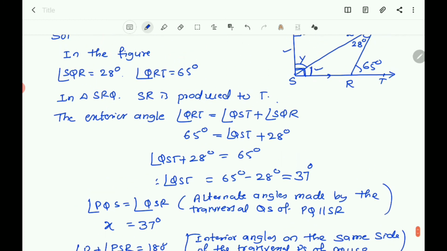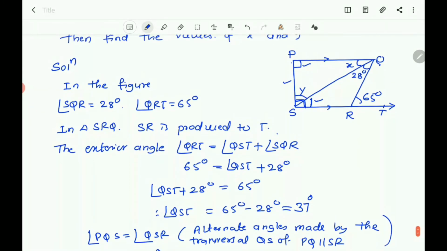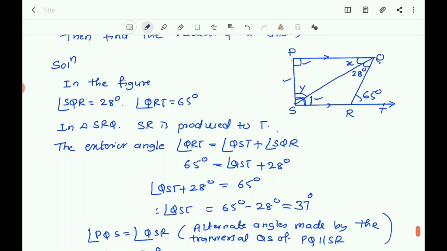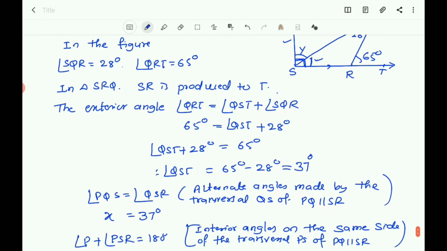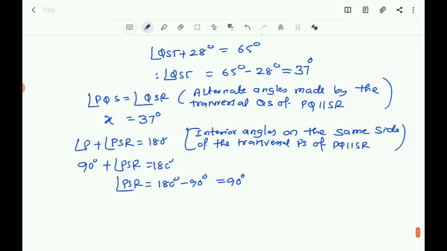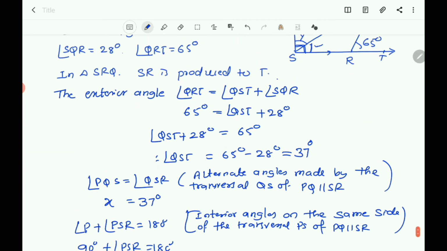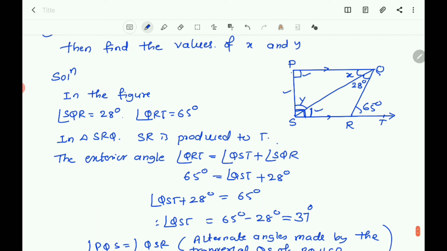So here you know that angle PSQ and angle QSR add up to angle PSR.